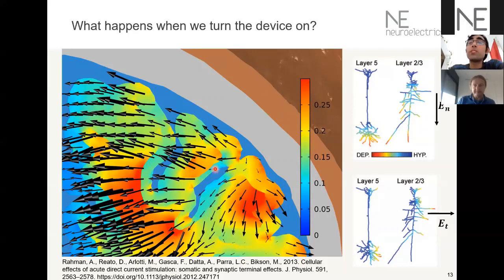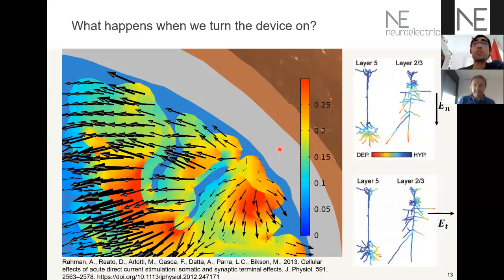This also forms the basics for that simple theory that under anodes, there's an increase in cortical excitability, because under anodes, the field is predominantly going into the cortical surface, whereas under cathodes, the electric field is coming mostly out of the cortical surface. As you can see in this picture, this isn't as clear-cut as that, though.